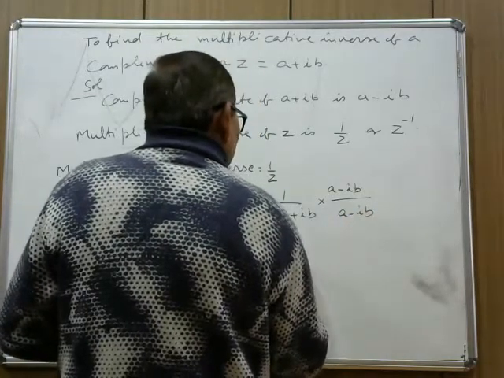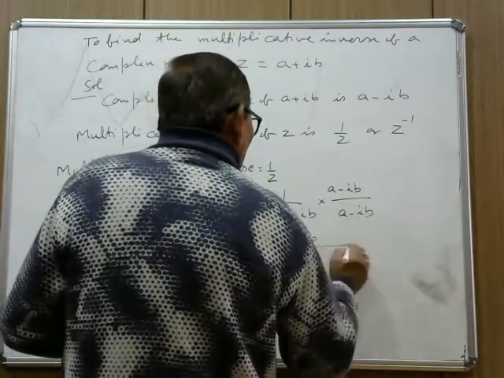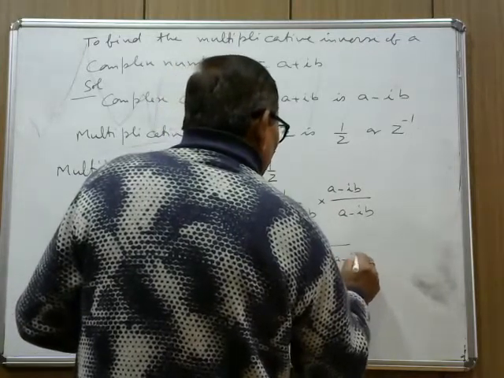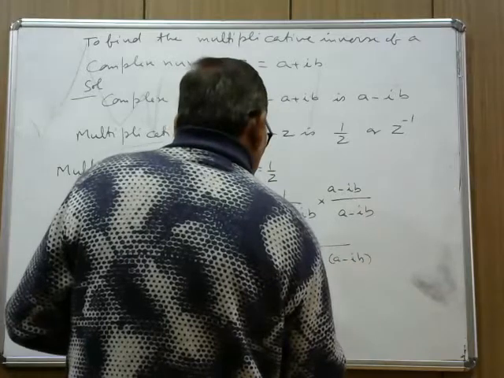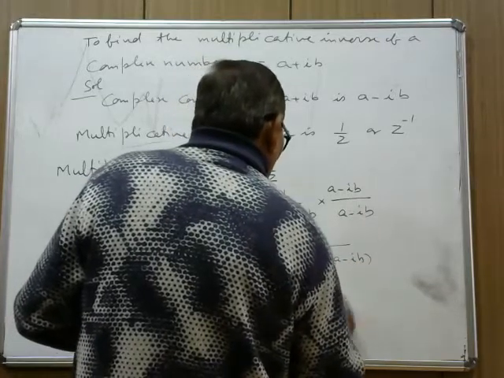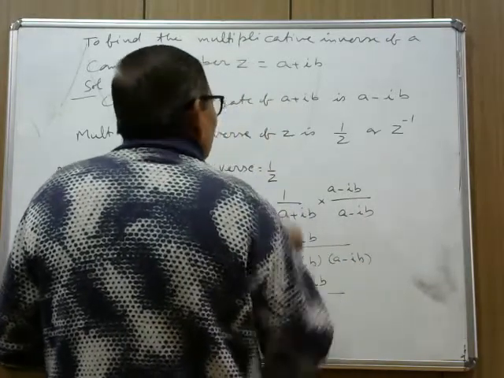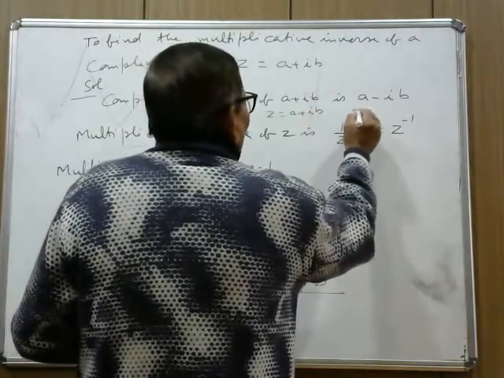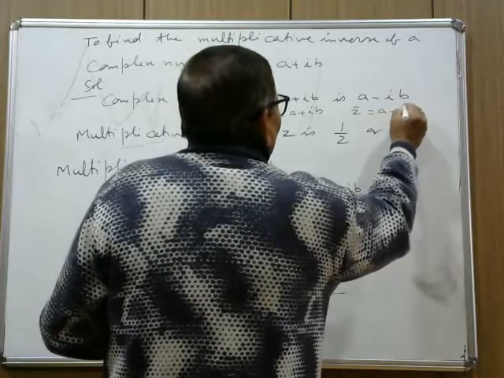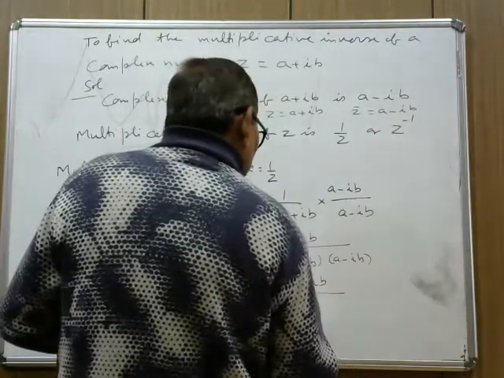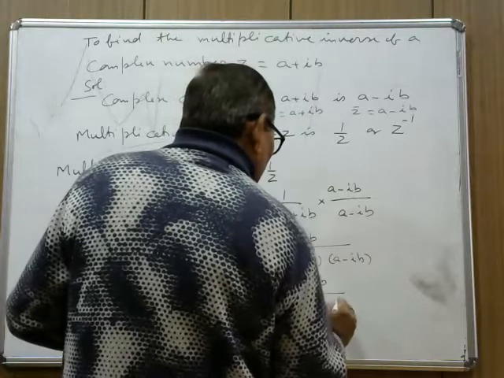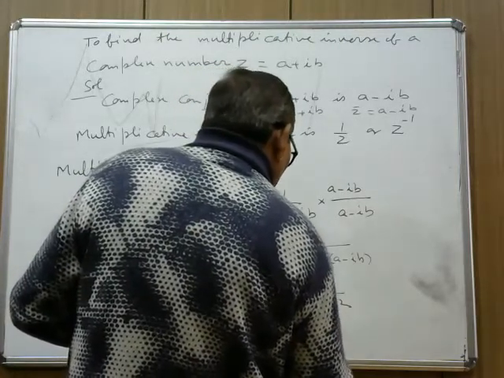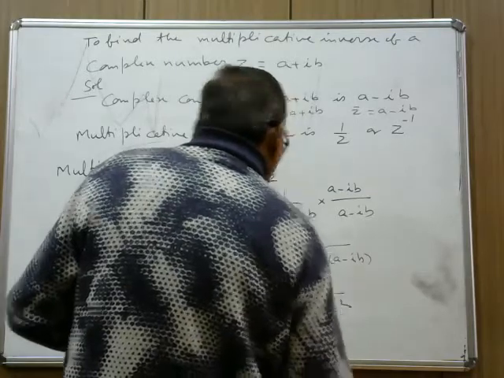So you can write this as a minus ib upon a plus ib into a minus ib, where this is z and this is z bar. So this is a square minus i square b square, and that is equal to a minus ib upon a square plus b square.